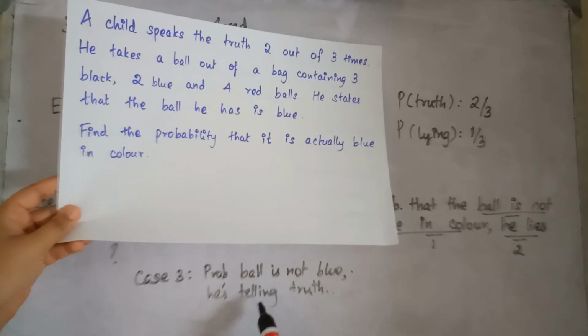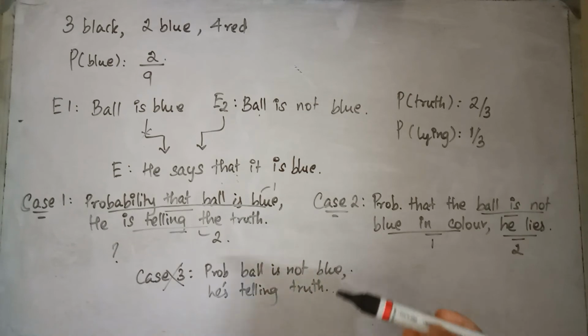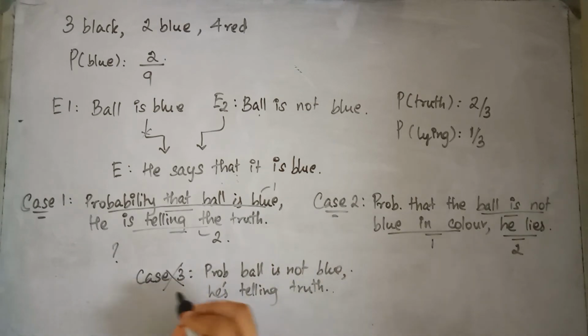So this case is not at all possible. It won't come in the sample space under the condition that the question gives us. Because if the ball is not blue and he's telling the truth, he would not have said that the ball is blue, right? So this case is not even in the sample space.